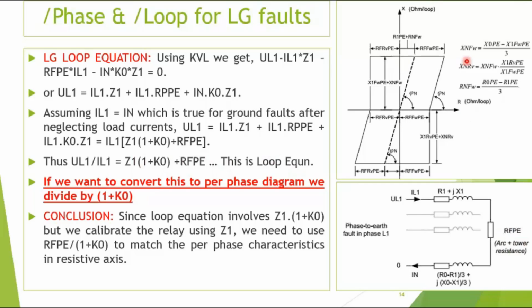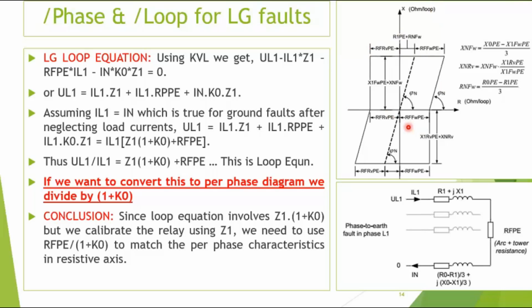See, this is the reach diagram of the RL670 relay. It is written ohms per loop. Over here also it is written ohms per loop. The reason it is ohms per loop is that in the RL670 relay there is no concept of K0.